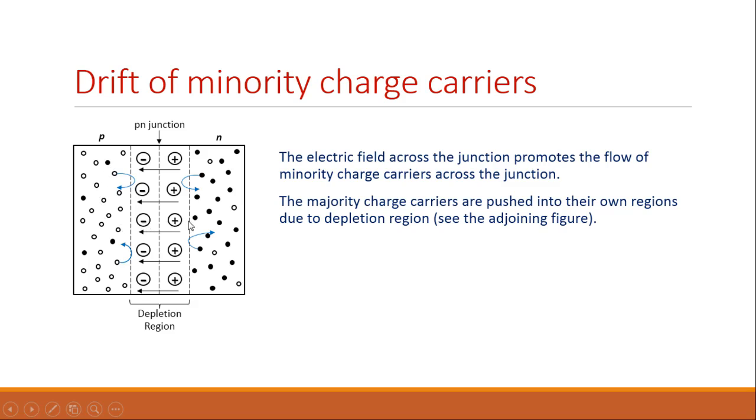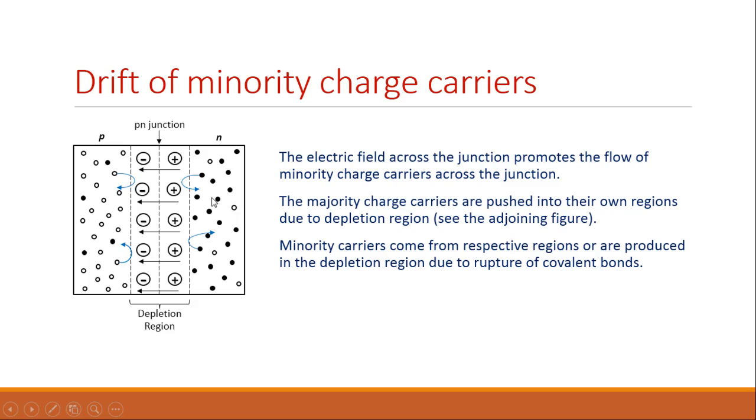This we have seen in detail in the earlier video. But the same depletion region promotes the motion of minority charge carriers from the P region and from the N region into the opposite regions, and the internal potential due to the formation of the depletion region promotes the flow of electrons from P to N and holes from N to P.